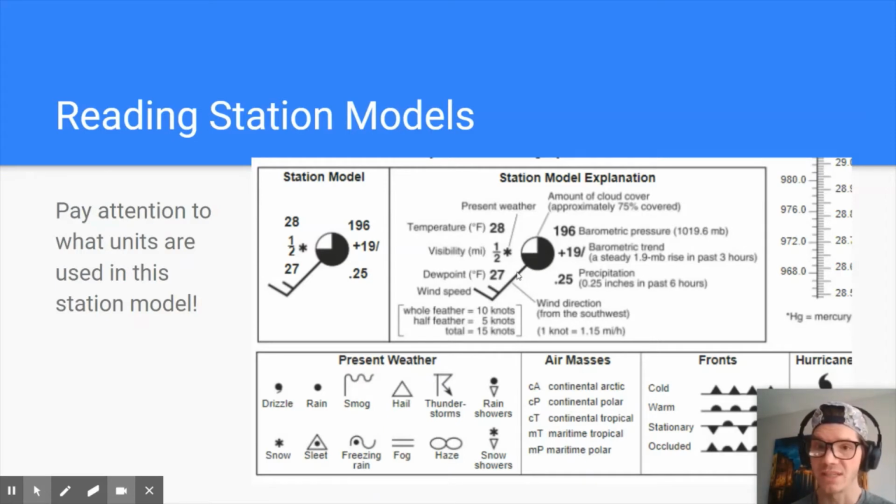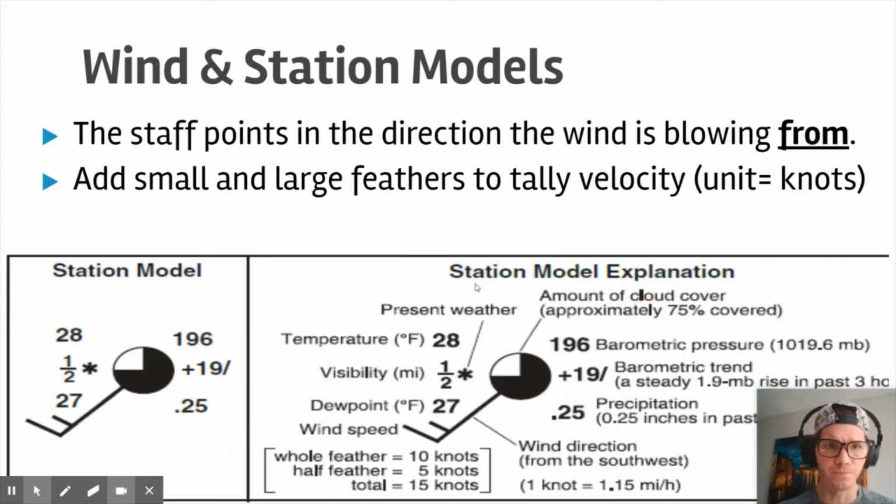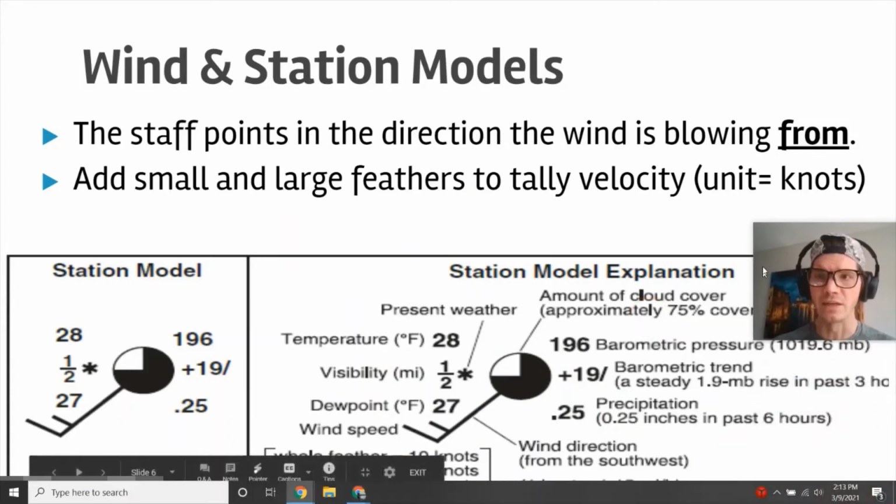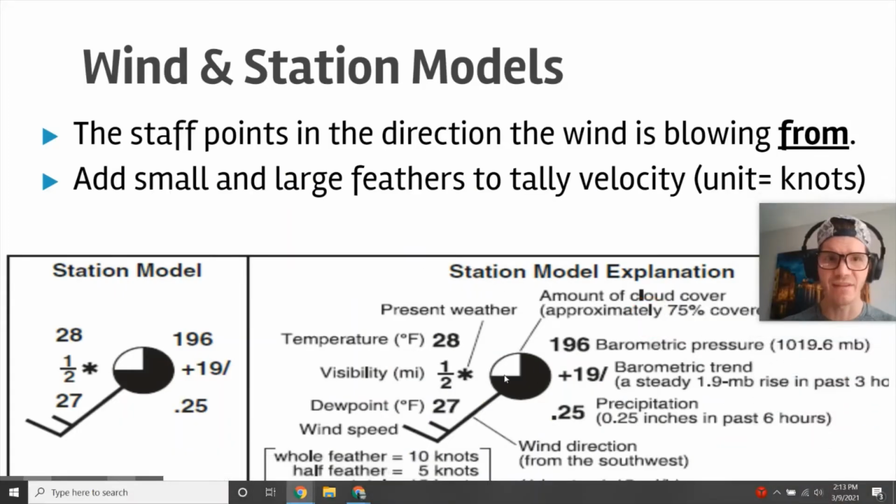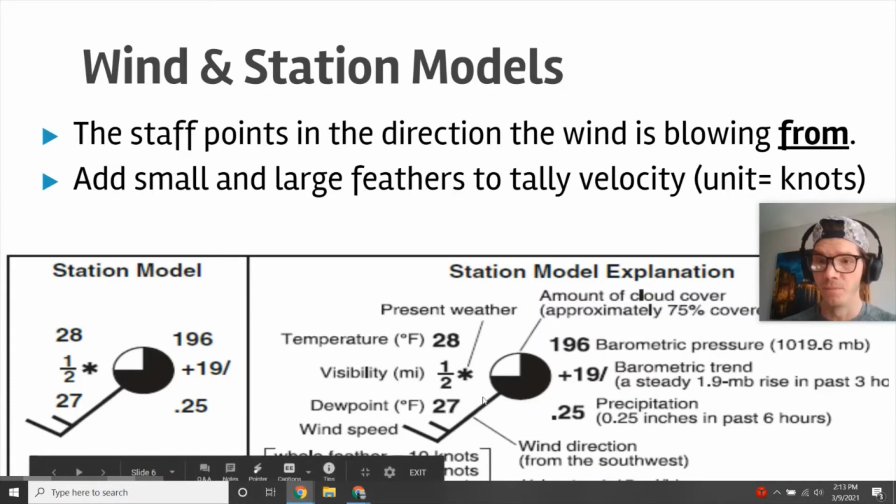I'm going to go into more detail for the wind speed and direction and the barometric pressure, just because there is a little bit of calculating, a little bit of adjustments that you'll have to make in order to get that data. So for the wind, you'll notice that there is a staff coming off of the circle, and it's coming off in the direction that the wind is blowing from.